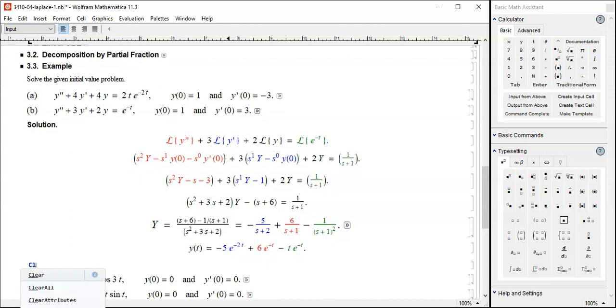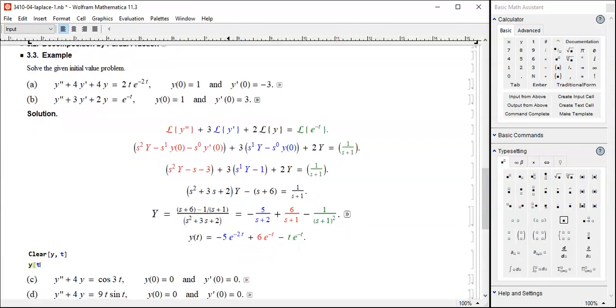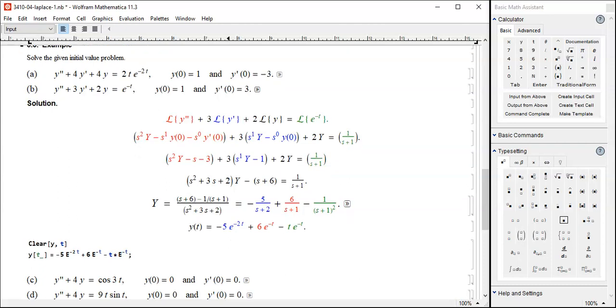Let's check. Clear all the variables here, and then y of t is defined as negative 5 e to the negative 2t power plus 6 times e to the negative t power minus t times e to the negative t power. Did I copy everything correctly?